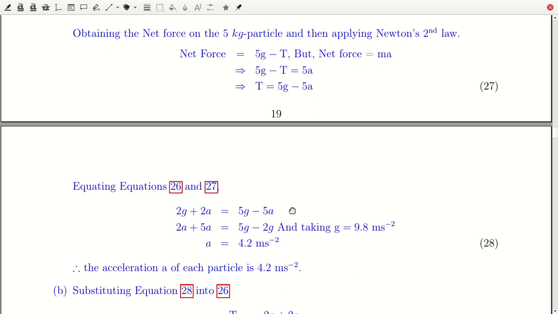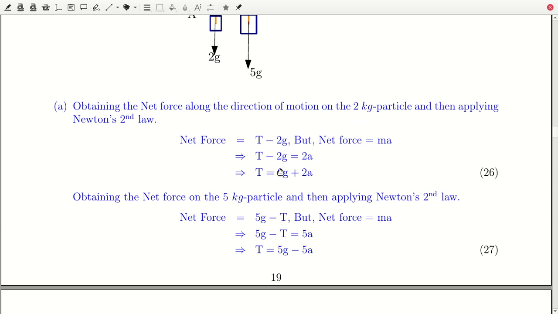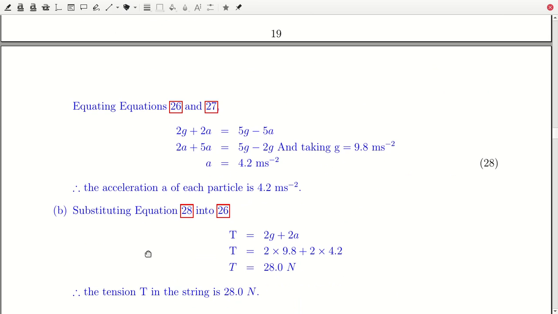So if we simplify, we shall get acceleration as 4.2 meters per second squared. To obtain now the tension, we just take this value of acceleration and substitute it in any of these equations, either equation 26 or equation 27.